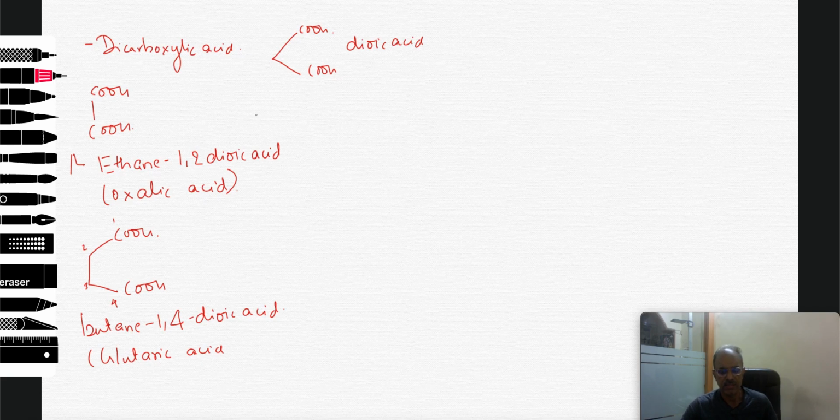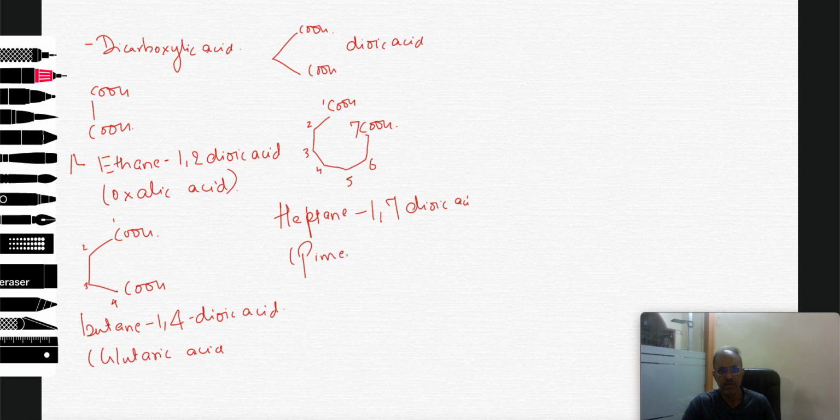And the last example of this, we can see heptane-1,7-dioic acid. This is known as pimelic acid, the common name. Pimelic acid. Fine? Okay.